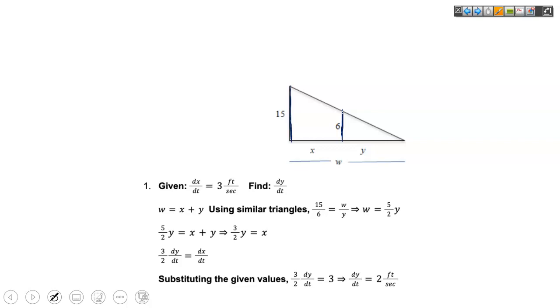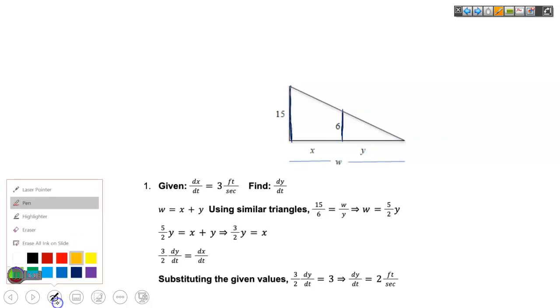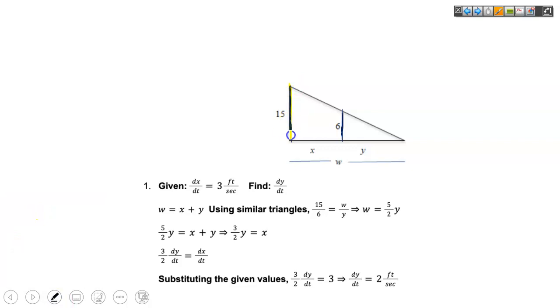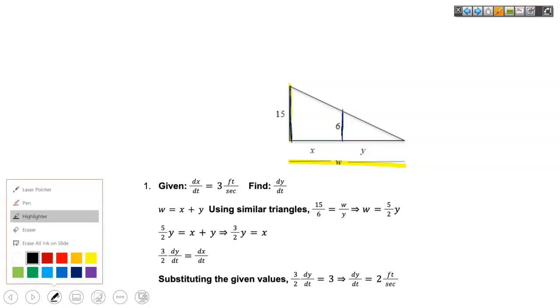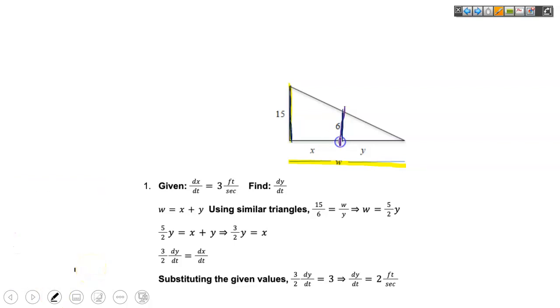So we have 15 that's going to relate to W. And then I would set up some sort of relationship between 6 and 1. So you have your big triangle, your little triangle. That allows me to create my skateboarder and lamppost versus lamppost and their shadows.